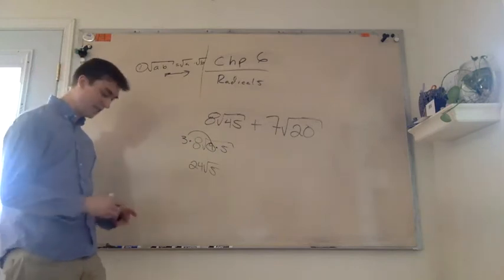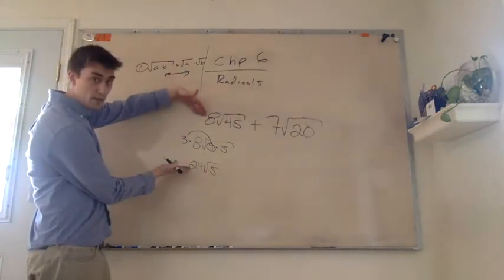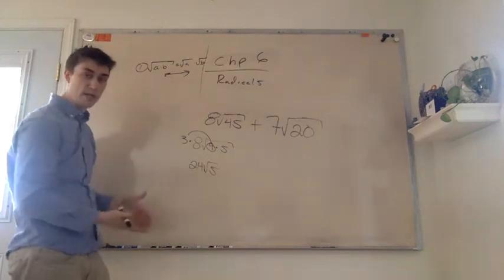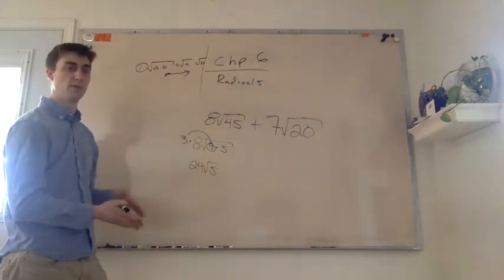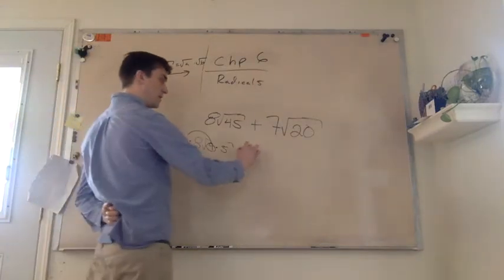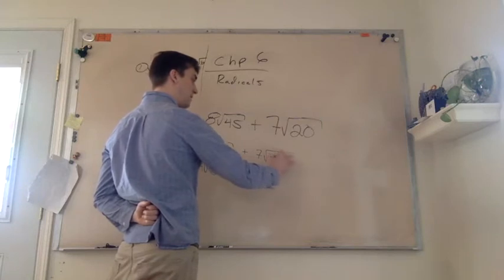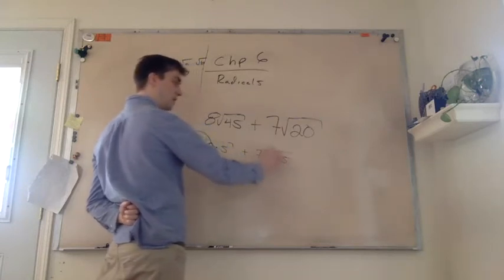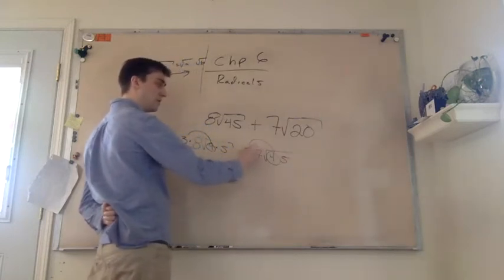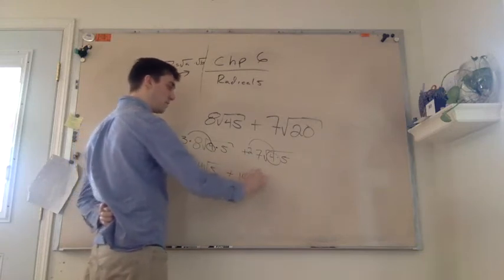It's just sometimes nice to use decimals to prove to yourself that these two numbers are the same. It's just that one is written in its lowest, most simplified form. 7 root 20 can be written as 7 multiplied by the square root of 4 times 5. And then this 4 can be removed as a 2 to multiply by this 7. So you get 14 root 5.